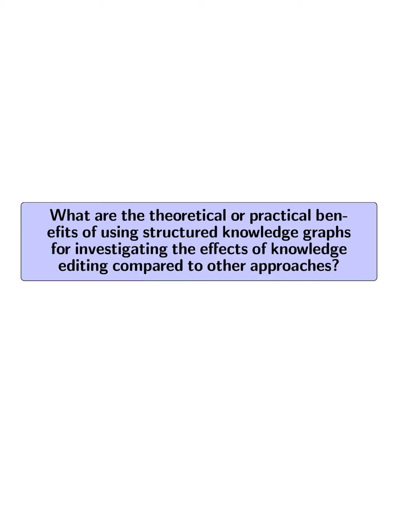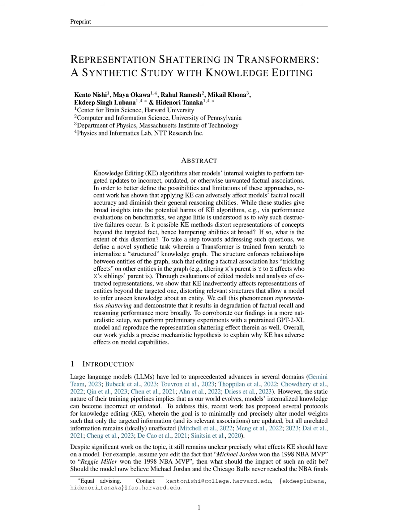What are the theoretical or practical benefits of using structured knowledge graphs for investigating the effects of knowledge editing compared to other approaches? The use of structured knowledge graphs for investigating the effects of knowledge editing, K, offers several theoretical and practical benefits.